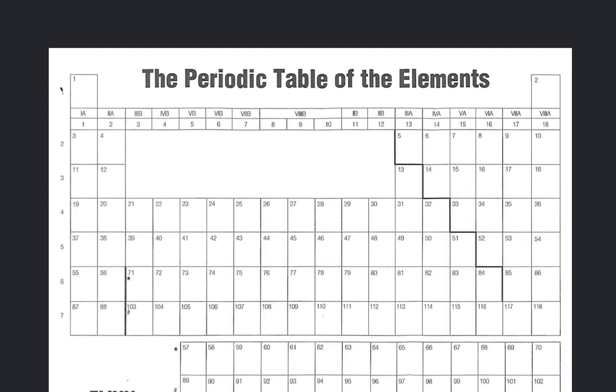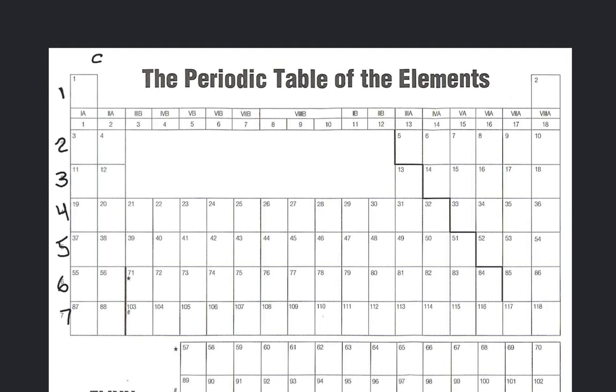So you have energy level 1, energy level 2, energy level 3, energy level 4, energy level 5, 6, and 7. So there's 7 rows on the periodic table, or periods, and those correspond to the 7 energy levels of electron configuration.